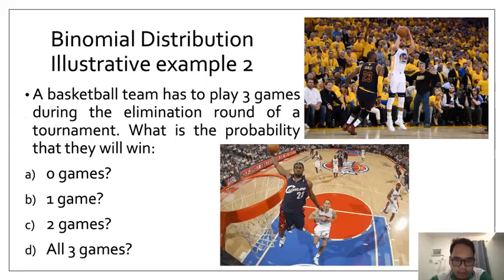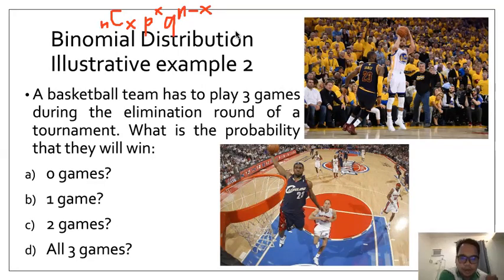So recall the binomial distribution formula. If I can write it down here, it is n combination x, multiplied by the probability of success raised to that number x, multiplied by the probability of failure raised to n minus x.